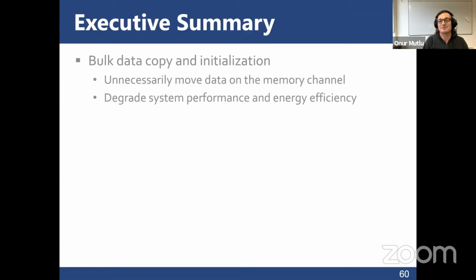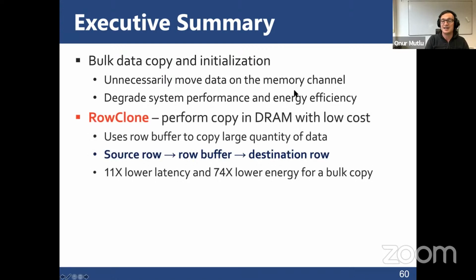Basically, let me summarize. Bulk data copy and initialization is the problem that's targeted by this paper. They cause unnecessary data movement on the memory channel, which degrades system performance and energy efficiency. And the paper proposed the new idea of RowClone, performing copy in DRAM with low cost. The key idea is to use the row buffer to copy large quantities of data from the source row to the destination row.